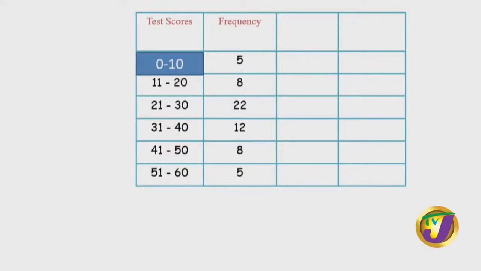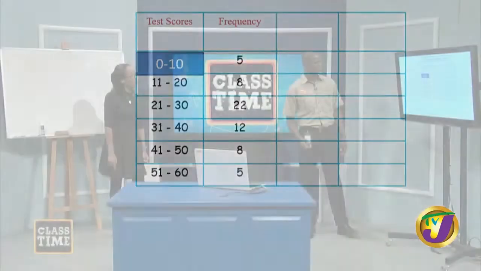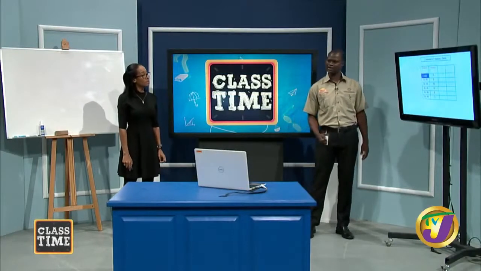Is there a word for the smallest and highest value? Definitely. What we are dealing with here is grouped data. In that 0 to 10, that is the first class. The smallest number in that band is your lower limit, while the largest number in that band is your upper limit.